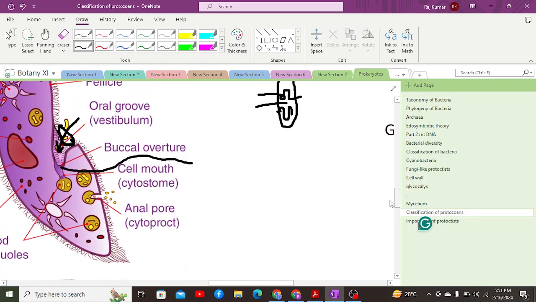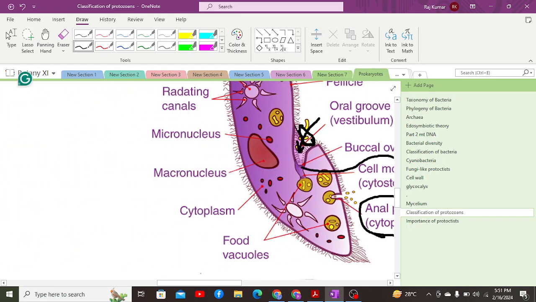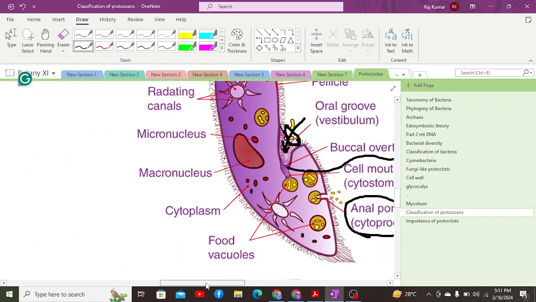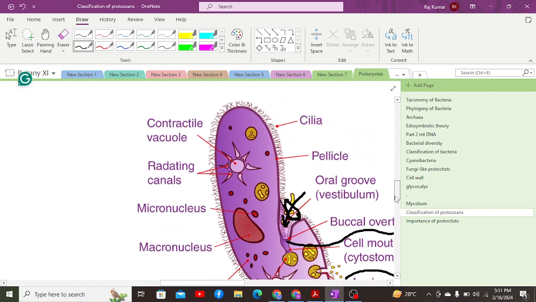Moreover, they have anal pores, the cytoproct, in order to expel the undigested material. Food vacuoles are also present. For water regulation, they have a special organelle known as a contractile vacuole, which regulates the water concentration.